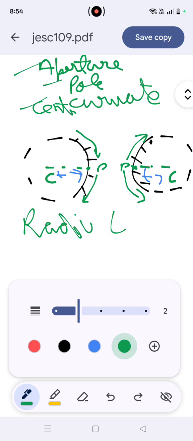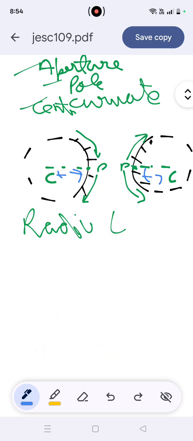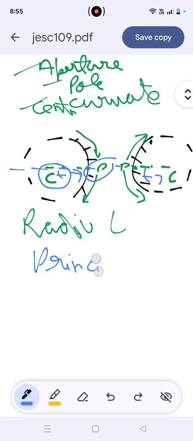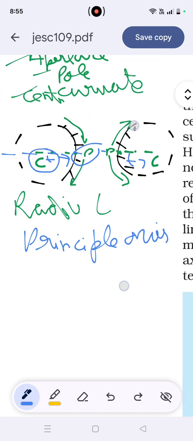Now we'll have the principal axis. It is a straight line passing through the center of curvature and the pole. Then after the principal axis we have the focus.